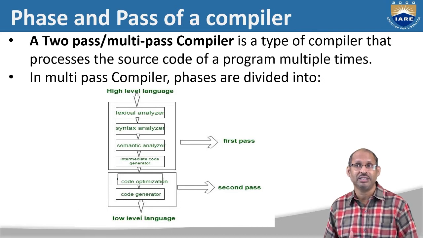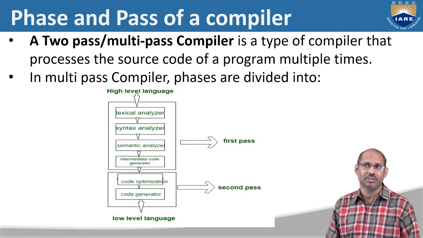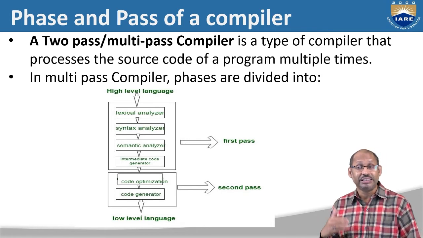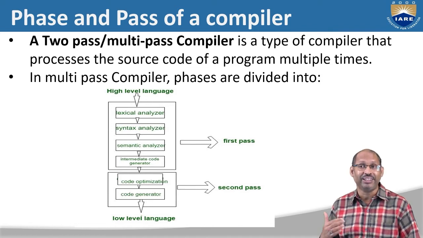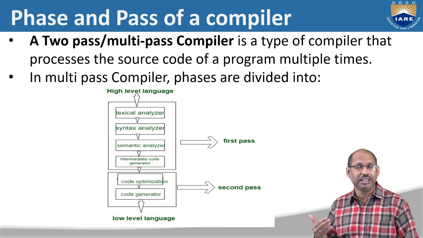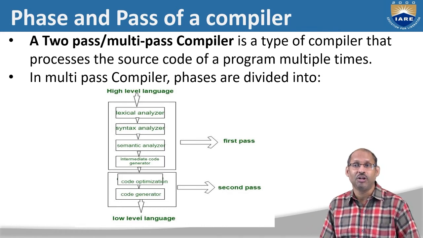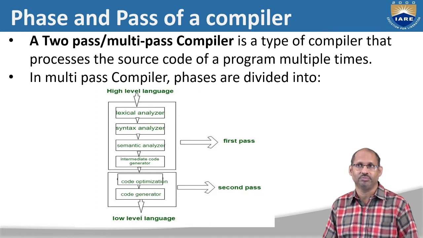The first pass will convert the source program once into an intermediate representation. Then the second pass, which consists of the code optimization and code generator, will read the intermediate representation and give the final machine code.